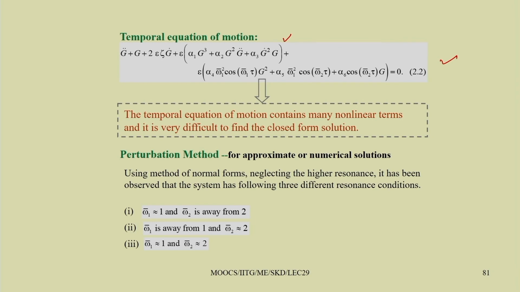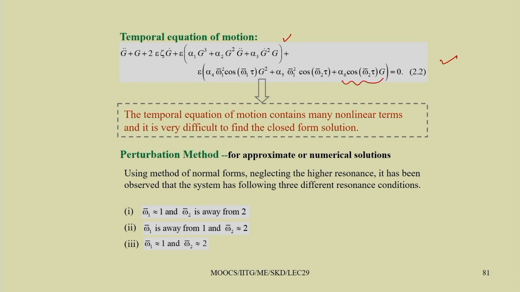Now, we have this epsilon term, that is epsilon alpha 4 omega bar square cos omega tau into g square plus alpha 5 omega 1 square cos omega 2 tau plus alpha 6 cos omega 2 tau into g. This term is similar to the Mathieu-Hill type of equation, where this periodic term is the coefficient of g.